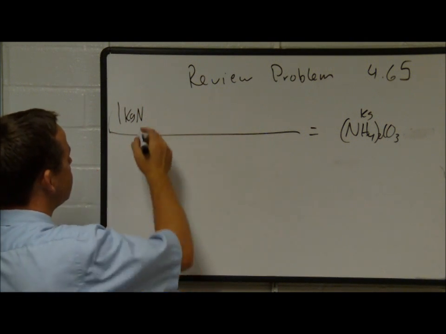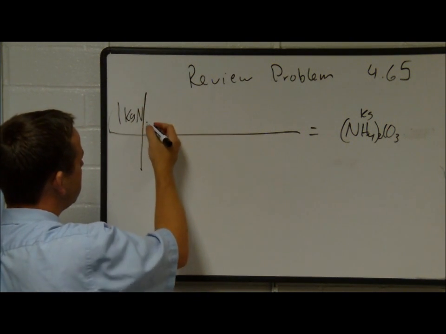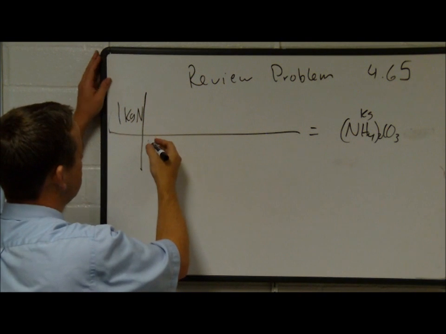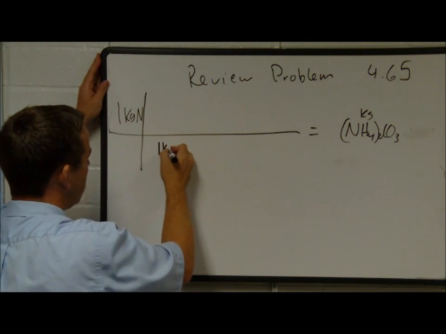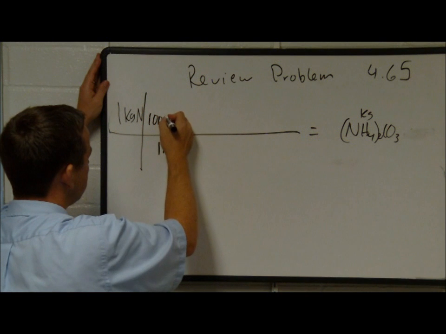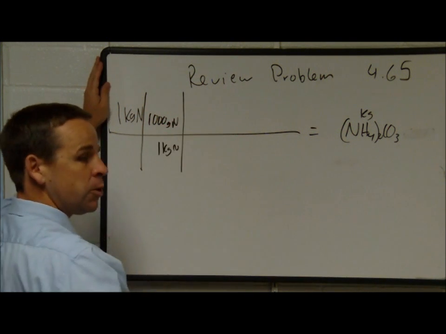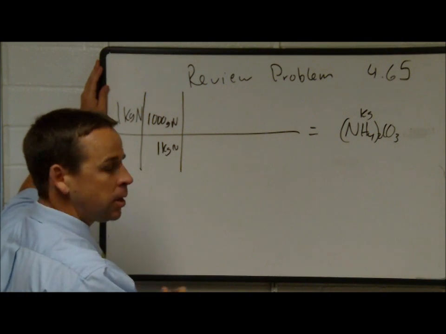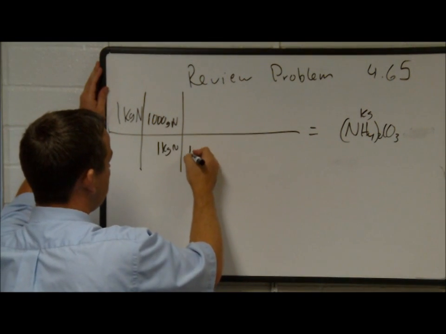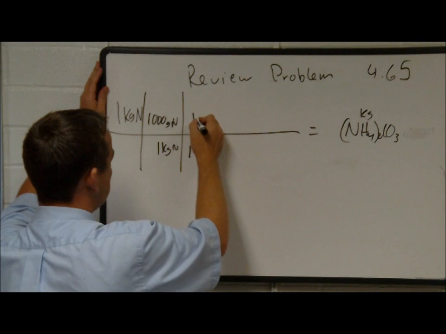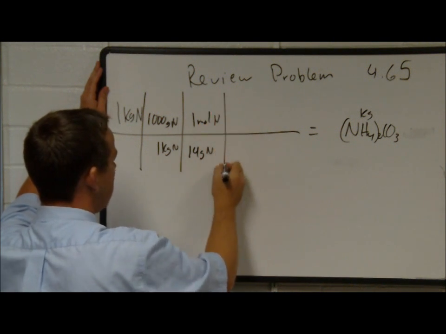So 1 kilogram of nitrogen, we can convert that to grams of nitrogen. For every 1 kilogram, we know there's 1,000 grams of nitrogen. And then we can convert that nitrogen to moles of nitrogen. For every 14 grams of nitrogen, that's 1 mole of nitrogen, correct?